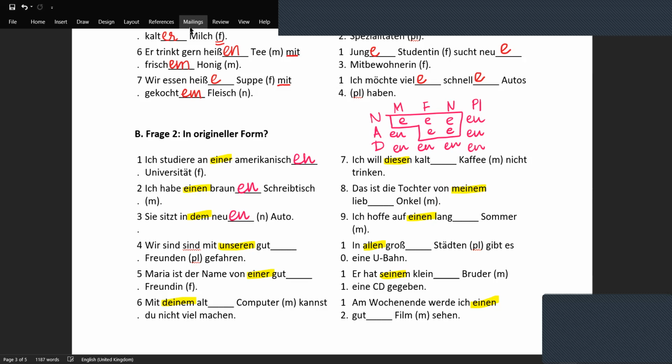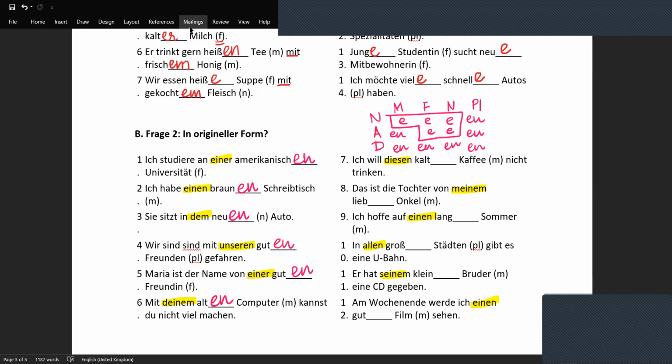Unseren, this could be either accusative masculine or dative plural, but again, it doesn't matter because we know that it is definitely showing us a specific case, either accusative masculine or dative plural. For both, the ending happens to be en. So we just go with that. Then again, einer being dative feminine. Deinem, it could either be dative masculine or dative neutral, doesn't matter. It tells us that it's dative, we'll use en.